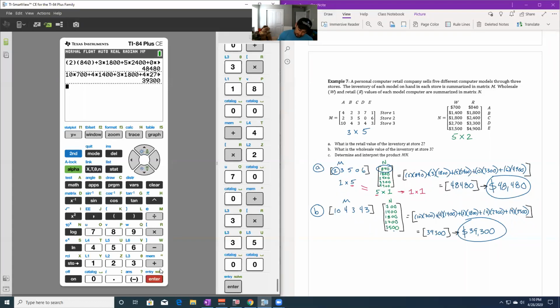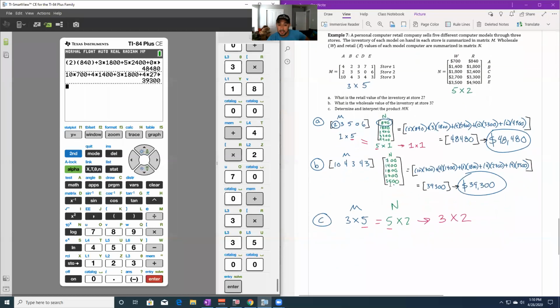So for C, you would have a 3 by 5, which is M, and a 5 by 2, which is N. These 5s are equal, which means the resulting matrix would be a 3 by 2. Let's multiply those and interpret what we get out of it.